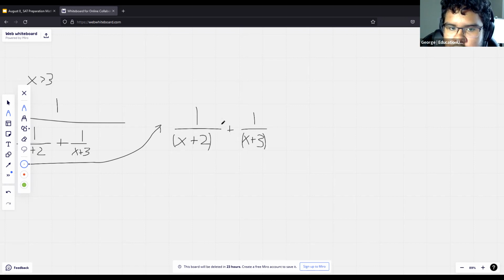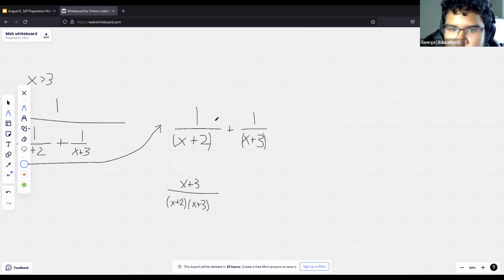So let's look at how the first one would be written. Since the denominator is x plus 2 times x plus 3, and we now have an x plus 3 in the denominator of the first term, we must also have it on the top. The reason for this is that we're not trying to change the value of this rational function.